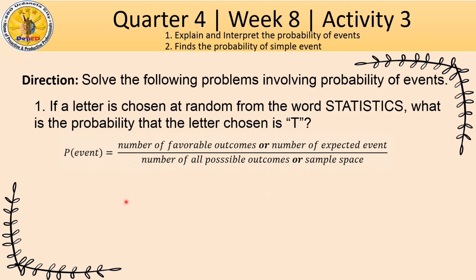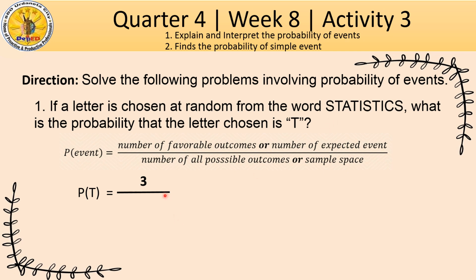So here, our event is the probability of getting or choosing T from the word statistics. So take note, let's count first how many T are there in the word statistics. We have 1, 2, and 3. Therefore, the number of favorable outcomes or number of expected events is 3 because there are 3 T in the word statistics.